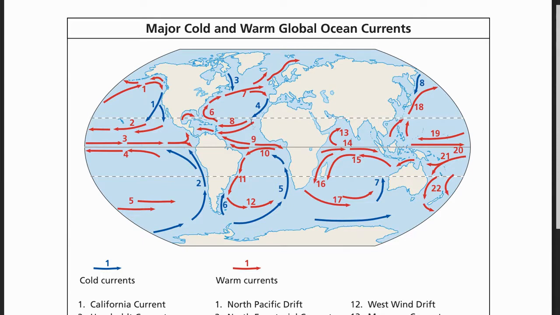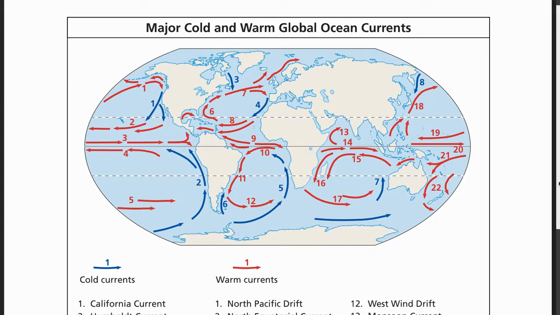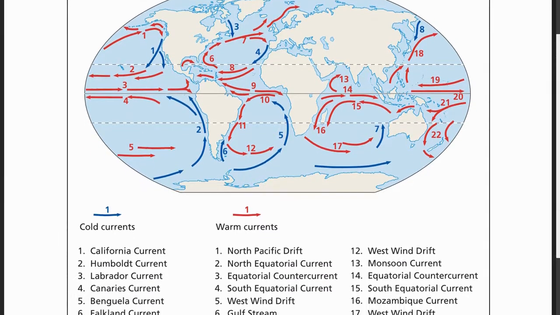Notice that this current really originates from currents that came from the equator near the coast of Africa. This is very warm water, so currents number 8 and 9. Okay, so current number 8 is the North Equatorial Current. Current number 9 is the Equatorial Countercurrent.